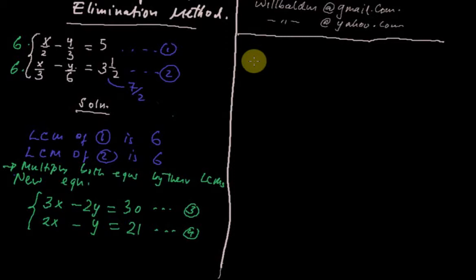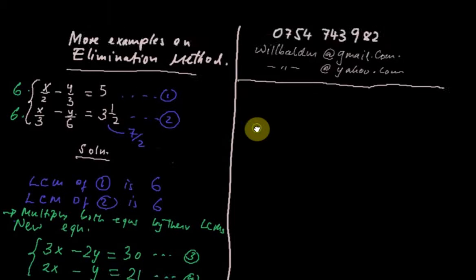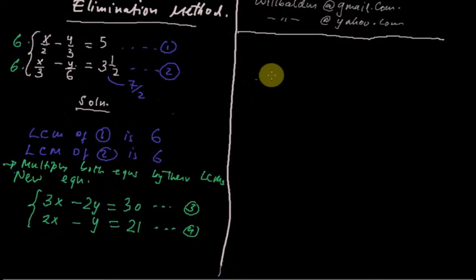So if I multiply, now I just go through, because you know this from example number 2.